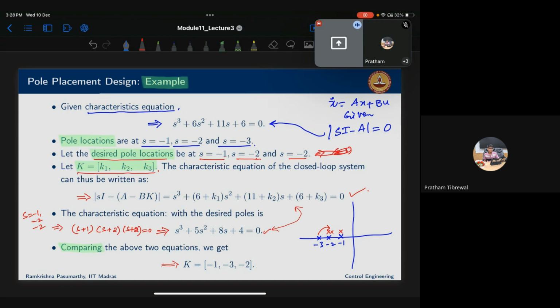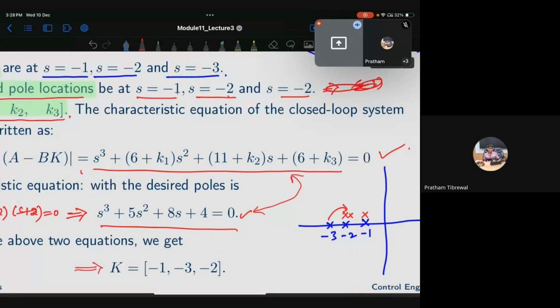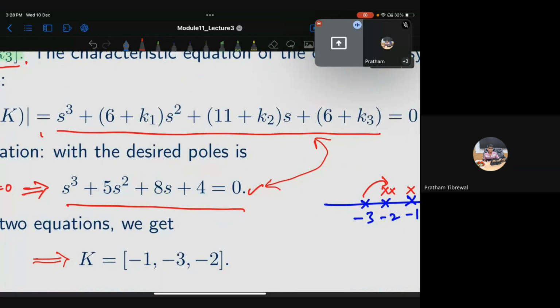Now you compare this polynomial with this polynomial. So what are you going to get? If you do the comparison, 6 plus k1 equal to 5, 11 plus k2 equal to 8, 6 plus k3 equal to 4.